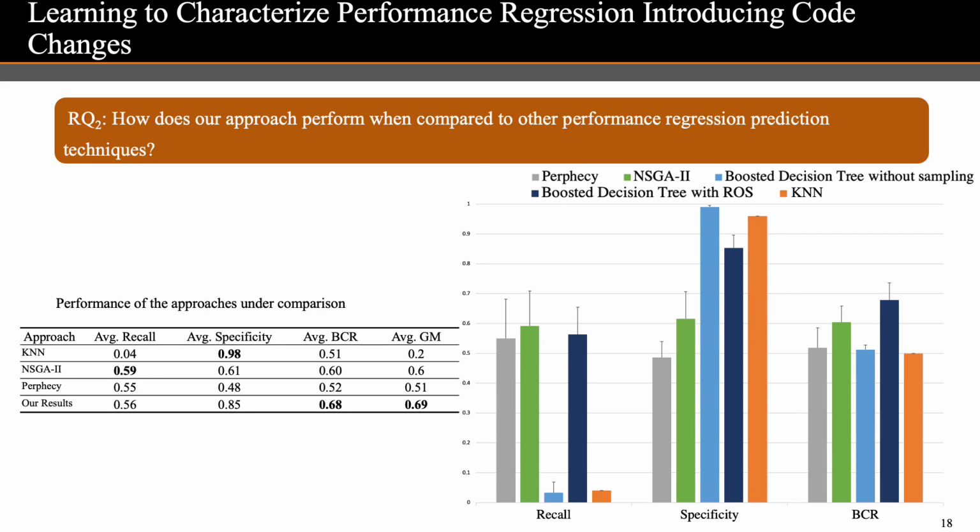Boosted decision tree with random oversampling is also the best balancing, due to the improvement of hit class detection that is not aggressively declining the detection of the dismissed class as in NSGA2. The nature of the research problem requires a solution providing high detection of commits introducing performance regression.